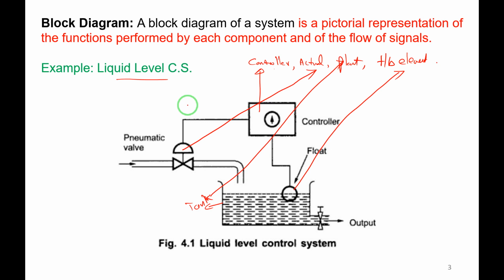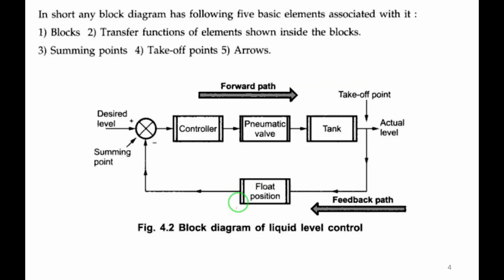We have identified the tank is the plant, the pneumatic valve is the actuator, and the float, the ball here, is the feedback element. We'll see how to represent this liquid level control system in block diagram form.